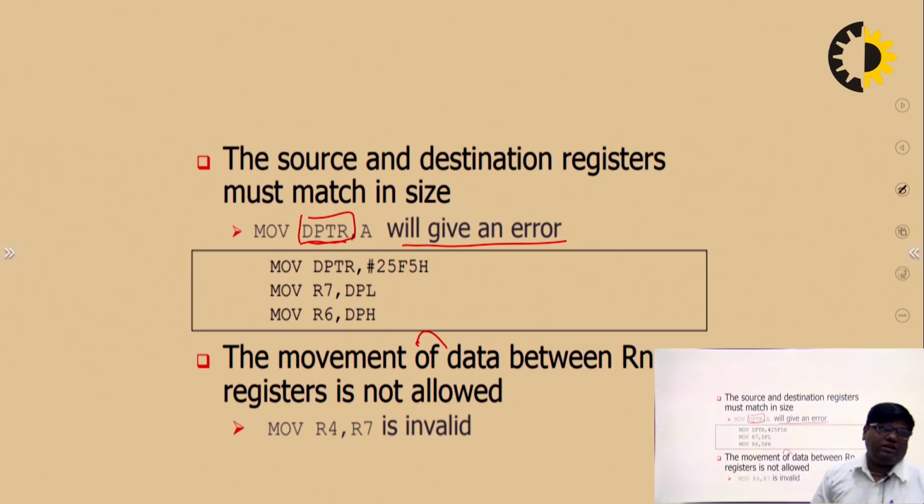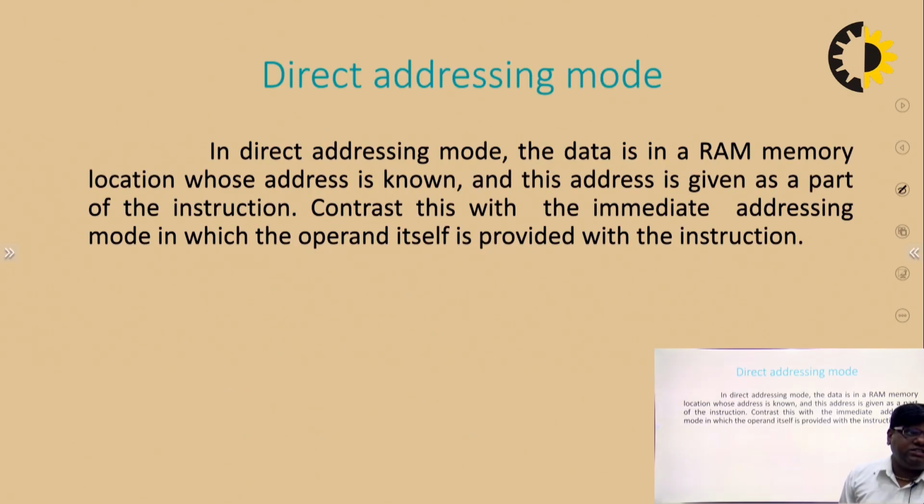Only registers are allowed. The DPTR register, the data pointer register, is not allowed. It means the movement of data between these registers is not allowed. Okay, this one is also an invalid statement.